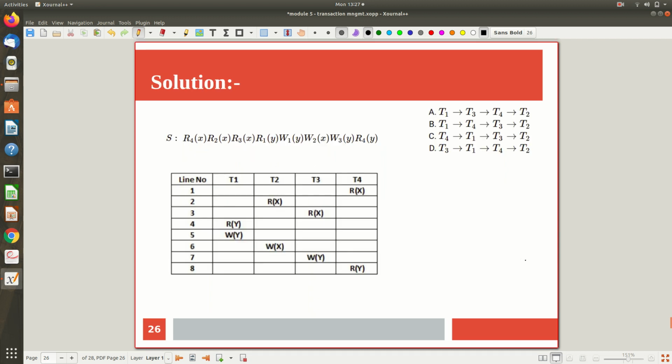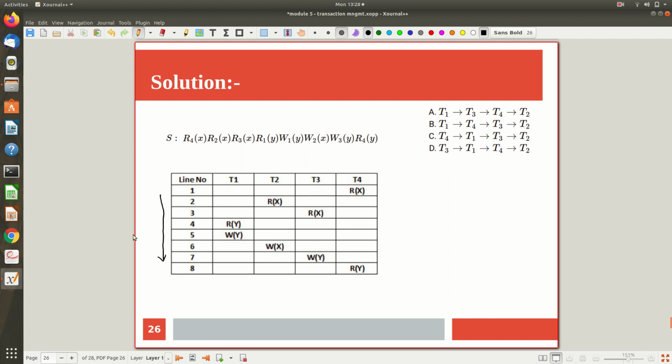What we are doing is looking at the given non-serial schedule and interpreting it with respect to this notation, in the order in which the transactions are happening, and depicting it in a different way so that it is easier for us to analyze. There are 4 transactions, and along the vertical line we have time.